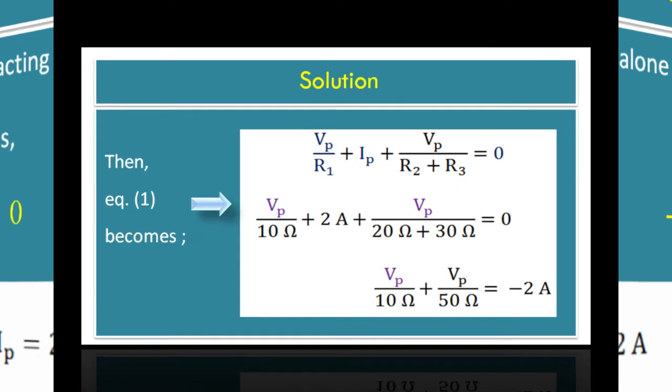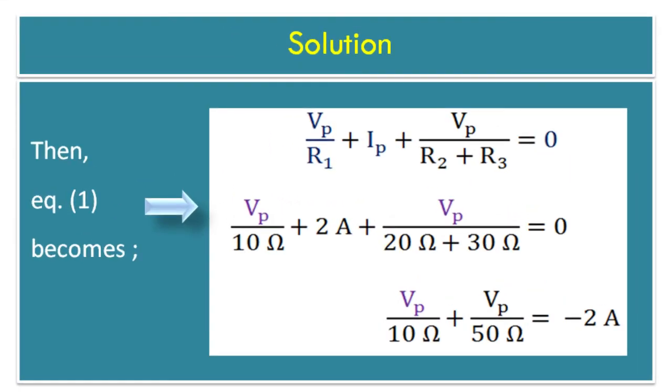Now using values of I1, IP and I2 in the equation: VP upon R1 plus IP plus VP upon R2 plus R3 is equal to 0.